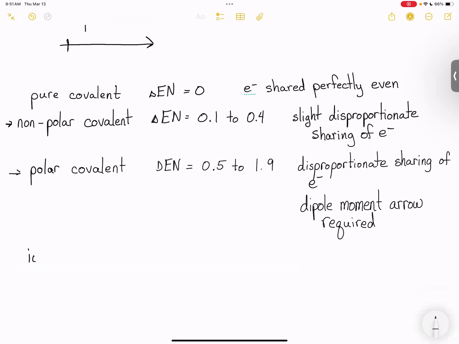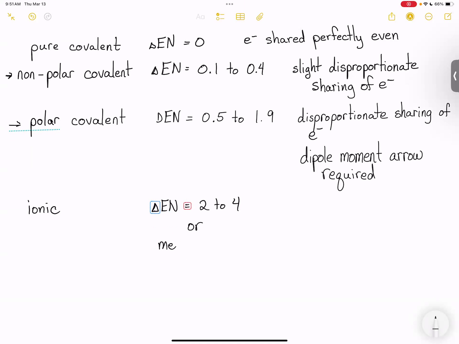Finally, you have ionic. Technically, ionic is a difference in electronegativity of anything from 2 to 4, or a metal, non-metal bond. This means when you have an ionic bond, the electrons are not shared at all.